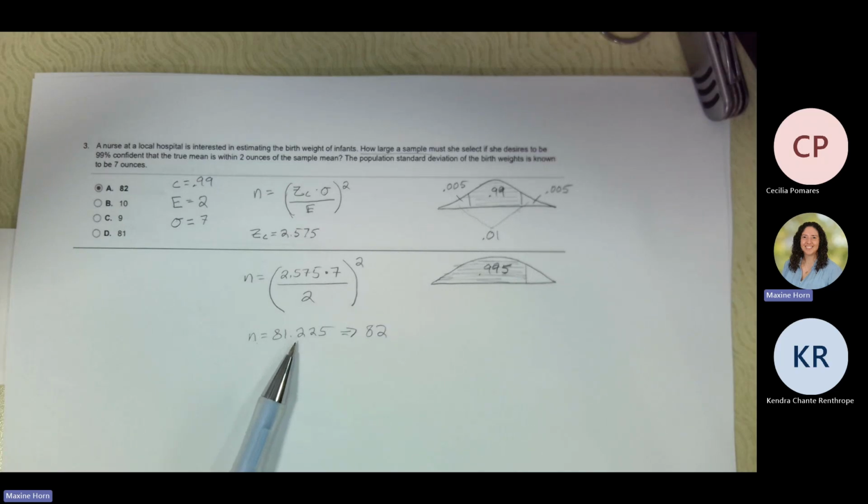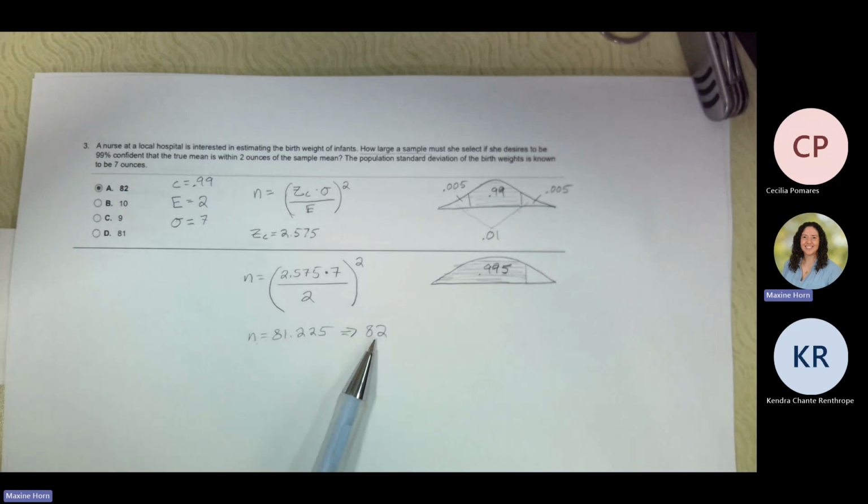This number represents the bare minimum sample size that we are required to have. If I go down to 81, I haven't hit this threshold. If I only include 81 people in the study, then that's not enough. So I have to go up to the next whole number, because we're dealing with actual people and we need to have at least this many, and we can't have part of a person. But also keep in mind, this is the minimum sample size that's needed.